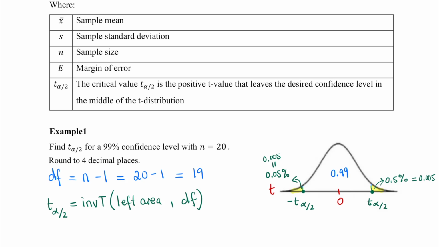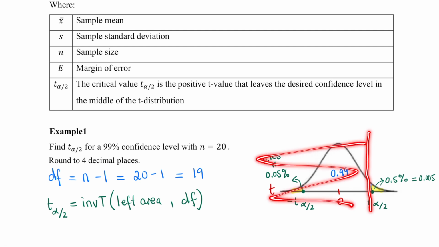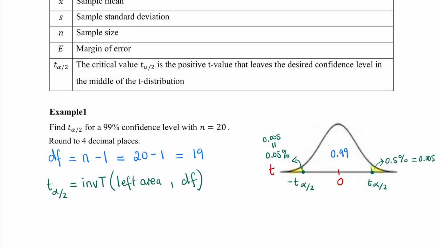So we want to find this value, and we want the area to the left of this value. The area to the left of this value is everything to the left, including the 99% and the 0.5%. So we take everything to the left, which is 0.995. And the degrees of freedom is 19.